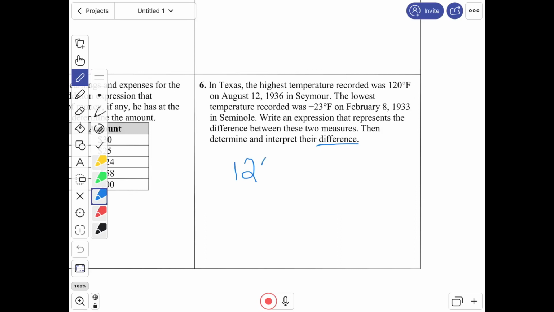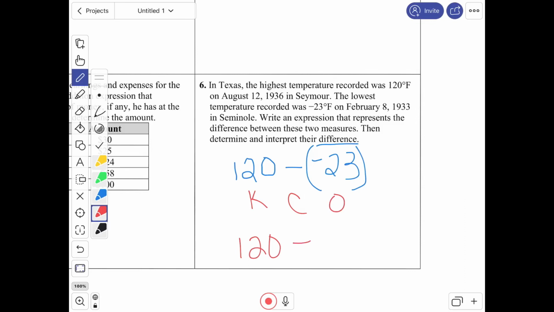Difference means we are subtracting. When we subtract, we usually put the big number first. So I'm subtracting 120 minus negative 23. And usually we put parentheses around the second number that's negative. It's kind of like we're trying to contain that negativity. So there's our expression. And then we follow the rules for keep, change, opposite.